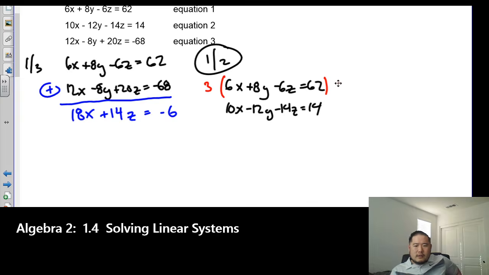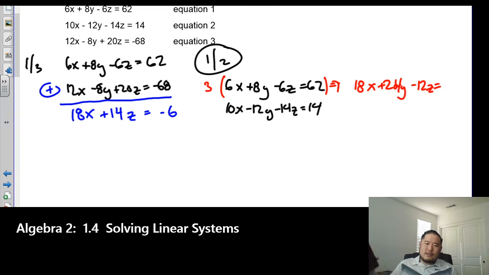We got, this will turn into 18x plus 24y minus 12z is equal to 62 times 3, which off the top of my head, I don't know, but it looks like it's maybe 186. All right.